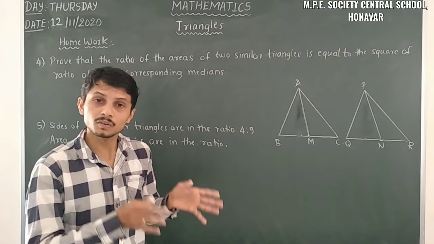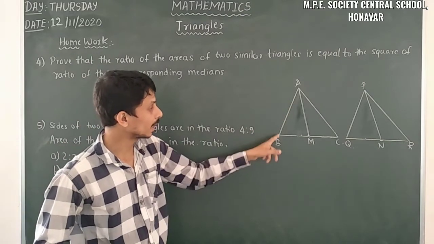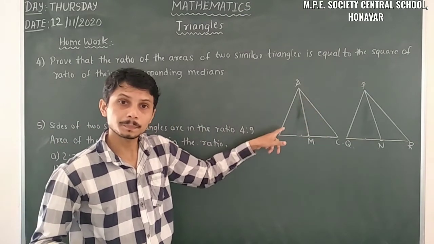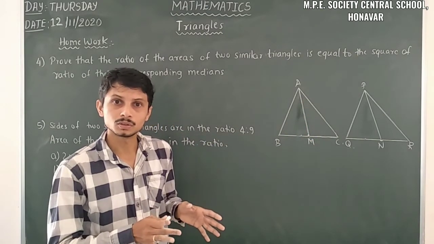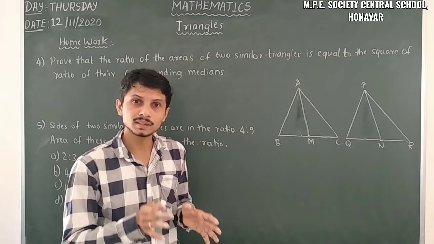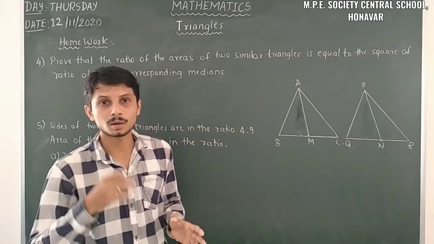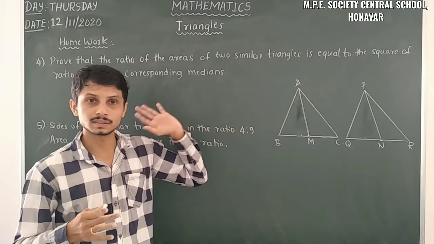Our challenge is to change AB by PQ to AM by PN. We have to prove that using similarity criteria and some properties. After that we can get this result.